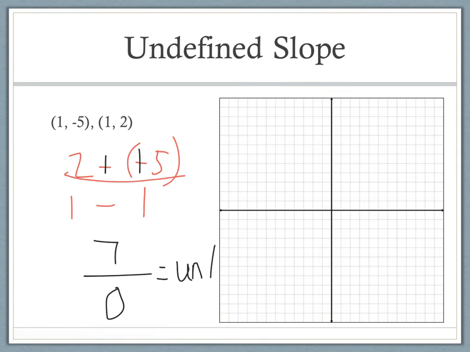We can never divide by 0. Now if I plotted these points 1, -5, and 1, 2, and connected those dots, if you notice, it's an undefined slope. It's straight up and down. I can't really say how steep it is because it's just straight up and down.